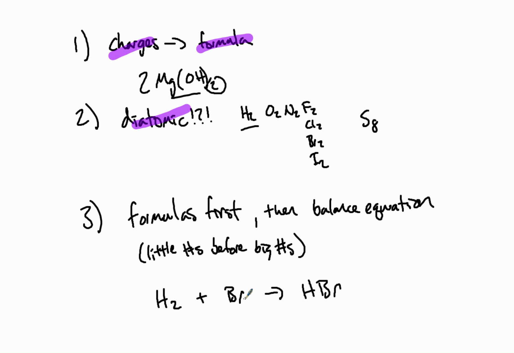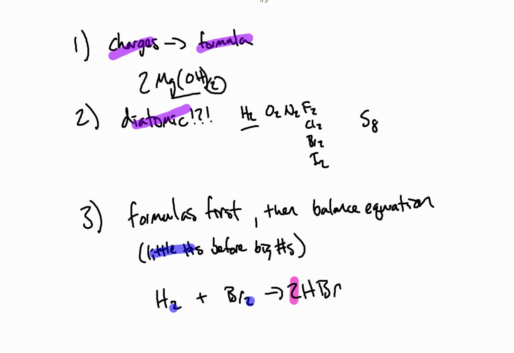That's because I forgot to put a little 2 on this bromine. You have to have little numbers correct first. Little numbers meaning these subscript 2s, before I could possibly balance the equation appropriately, right? Before I could put in a big number that I probably need right here, I'm going to need a 2 in front of that hydrobromic acid to make this balance overall.